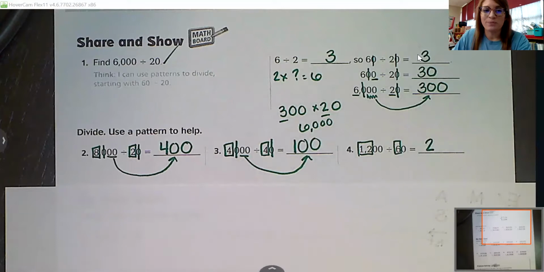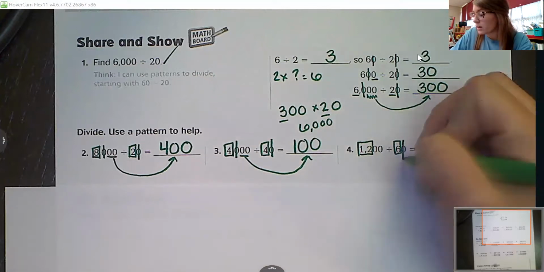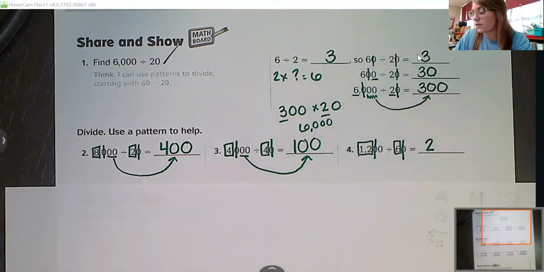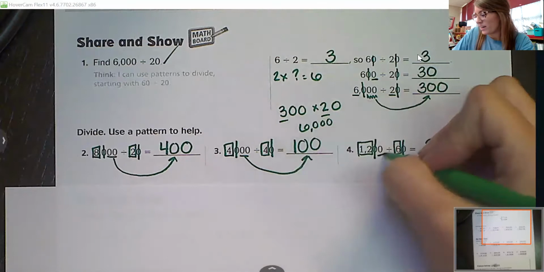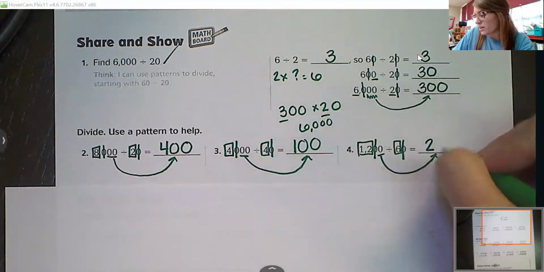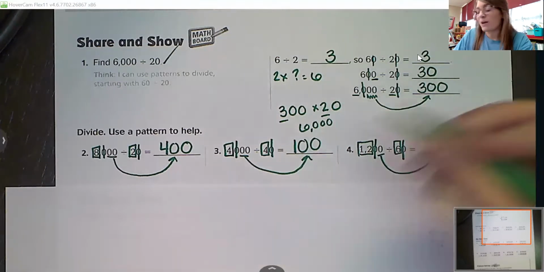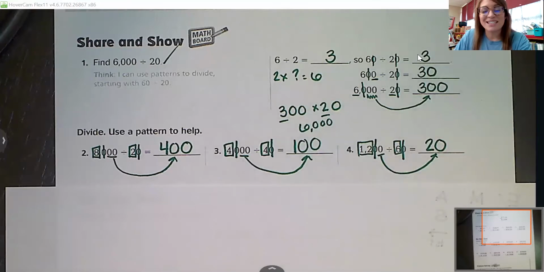And then I have to do what? Very good. Find those zeros that cancel each other out. I've got 1 0 here and 1 0 there, and they'll cancel each other out. How many zeros do I have left that need to go into my answer? Just this one. Very good. So that 1 extra 0 is coming right over there. And 1,200 divided by 60 is 20.